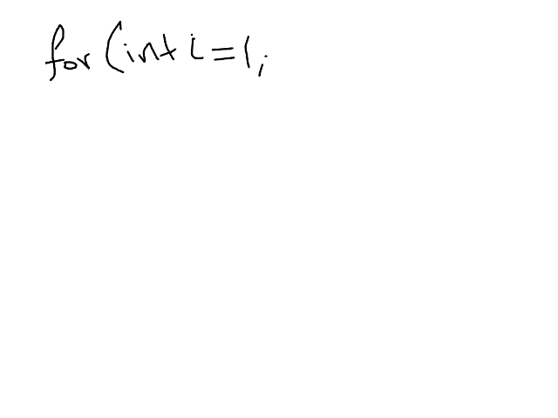Not the condition yet. We give the initial value, the start value. What do we need to do now? If I only give an initial value, the loop will run forever. It will never stop.